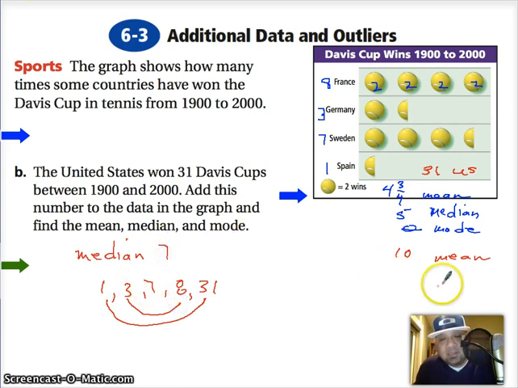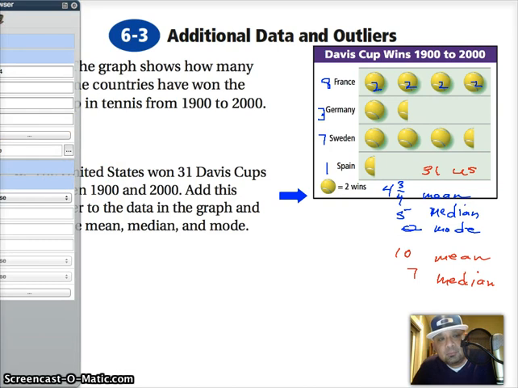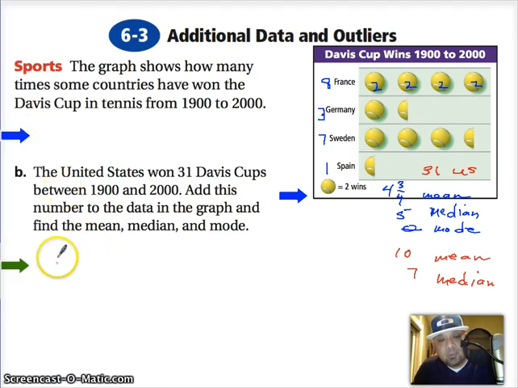So the median with this new data point is 7. Finally, we put the word mode down, because that's what we're going to try to find again. Once again, we look at the data points 8, 3, 7, 1, 31. There is no mode because none of those numbers are repeated.